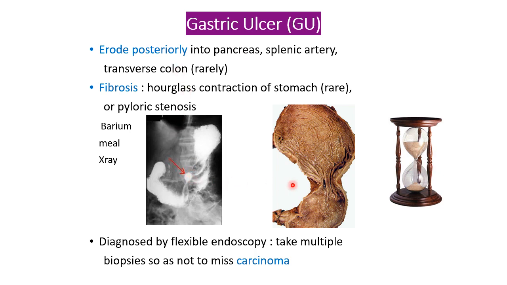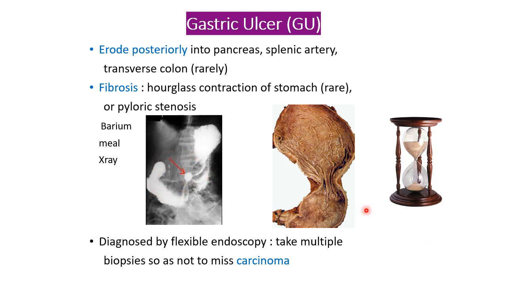Sometimes in the body of the stomach, a large ulcer with fibrosis can cause an hourglass deformity of the stomach. Although it's not common, it's a classical deformity which is seen on barium meal.